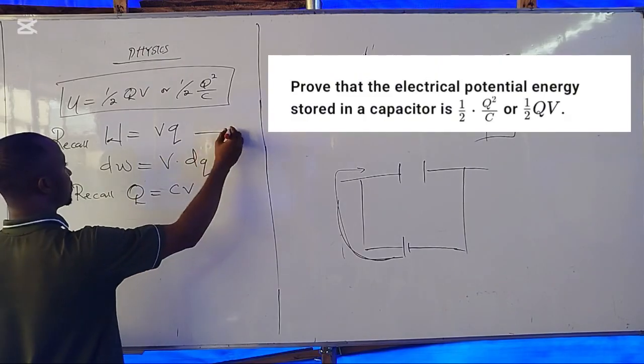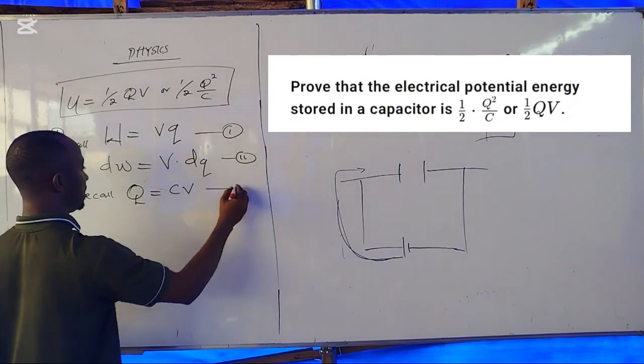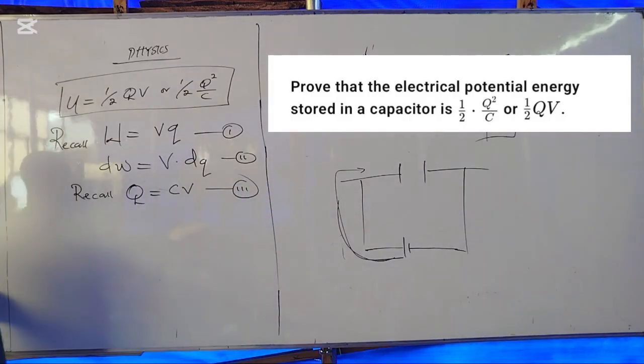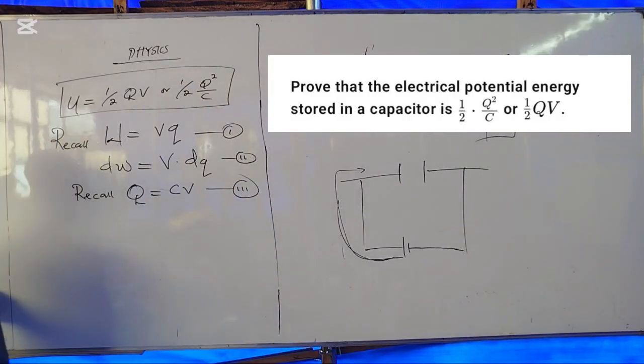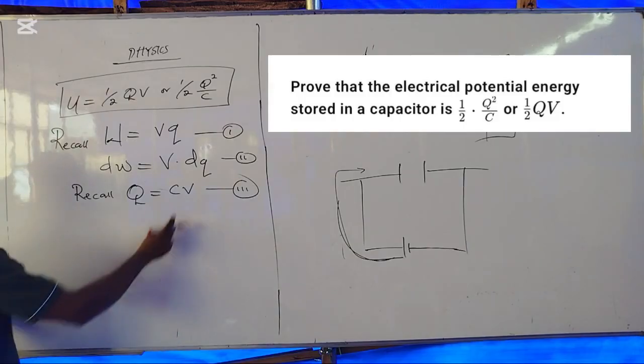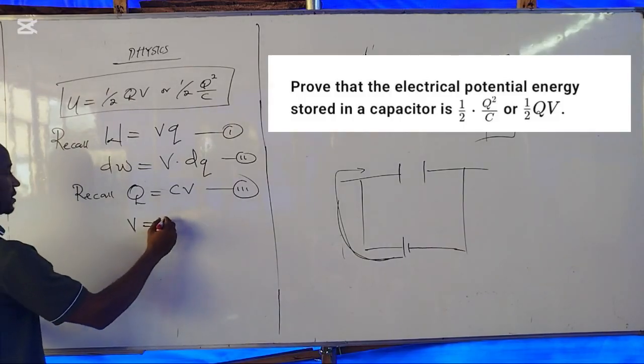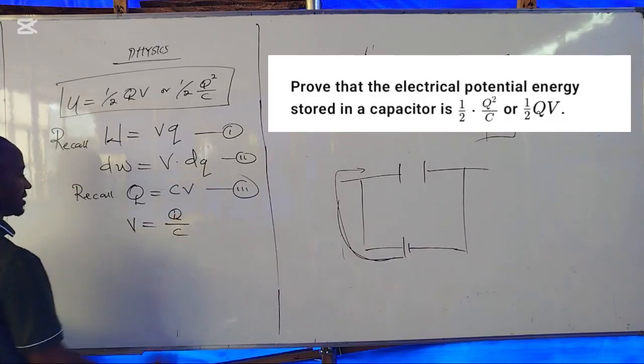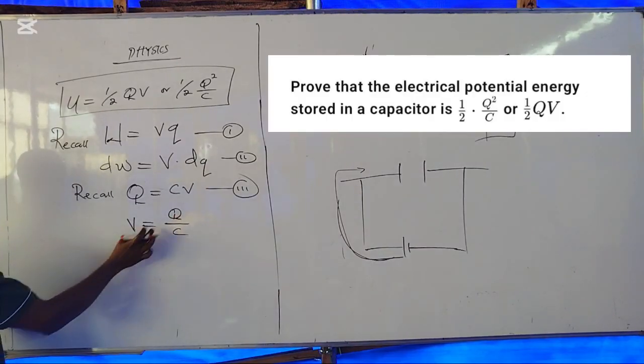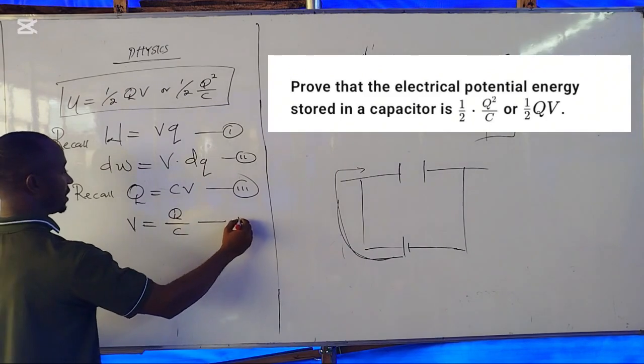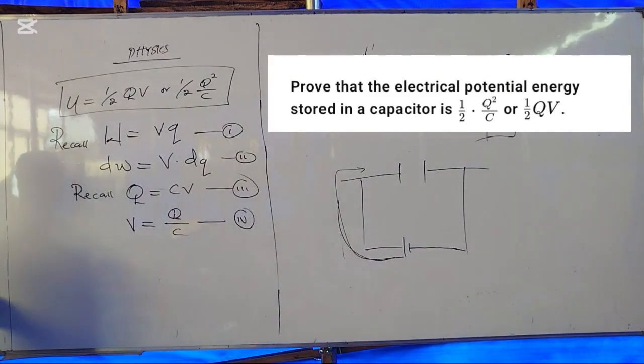Let's call this equation 1, this equation 2, this equation 3. I will make V the subject of the formula, to stand alone. So V becomes Q over C. When V becomes the subject, we have this, and that will give us equation 4. Are you following?